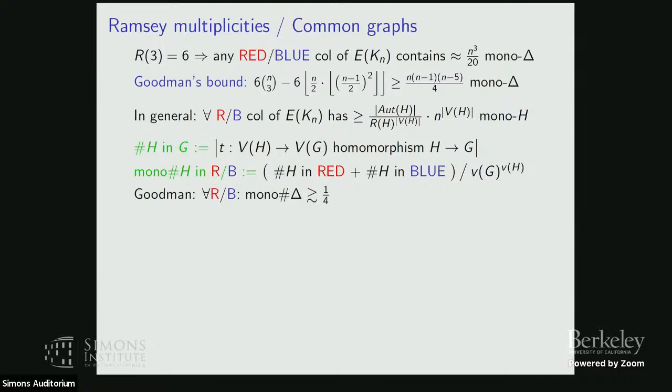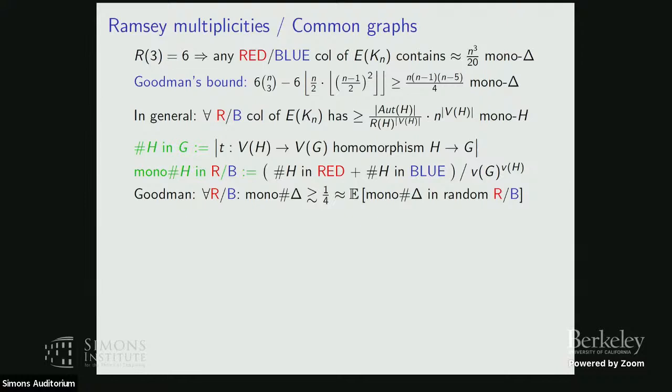So rephrasing Goodman's theorem in this language, it says that for every red-blue coloring, the monochromatic count of triangles is at least 1/4. One way of realizing that, modulo lower order terms, this 1/4 is best possible, is that you just take a random red-blue coloring.